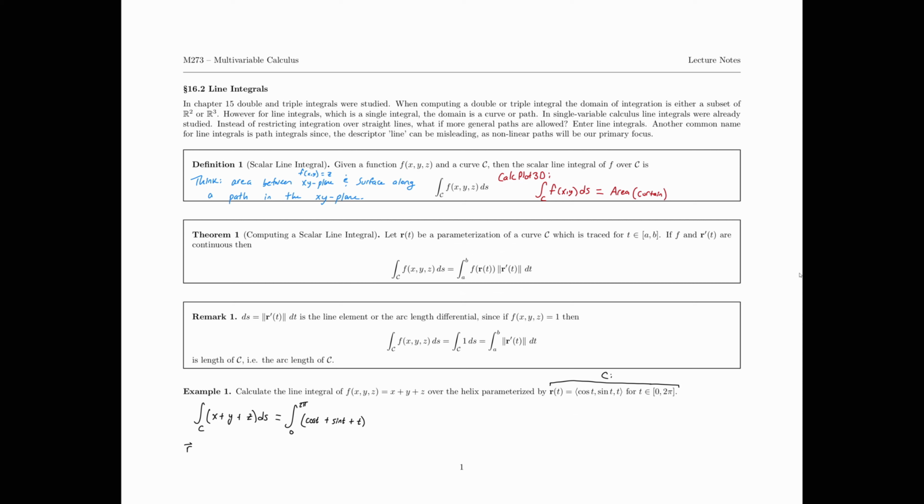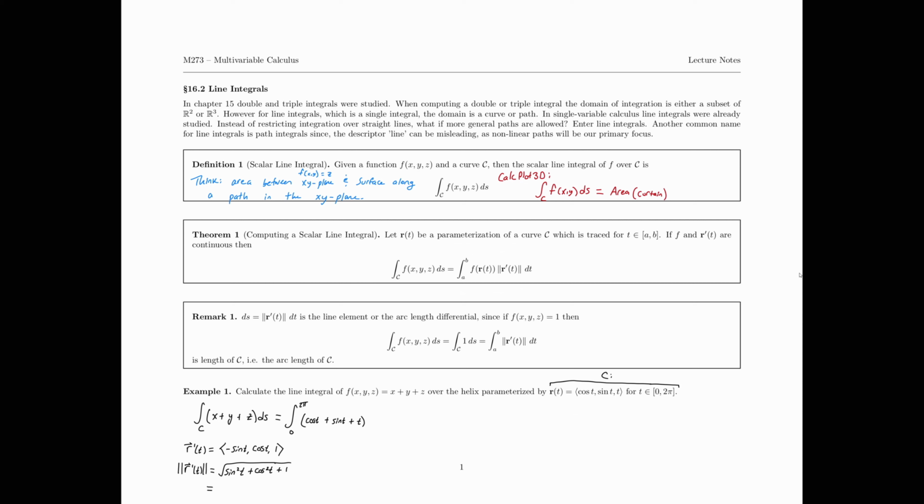So the derivative, r prime of t, is negative sine t, cosine t, 1, the magnitude of which is the square root of sine squared t plus cosine squared t plus 1 squared.